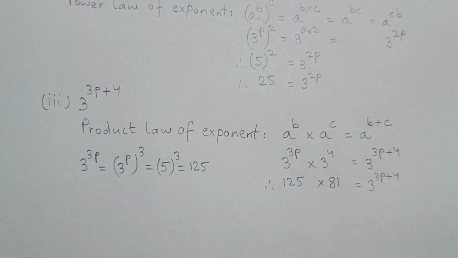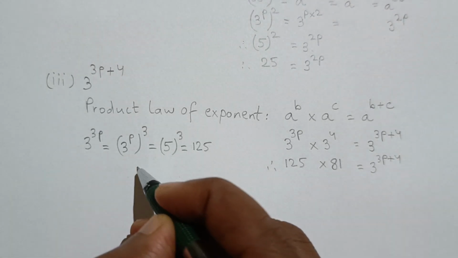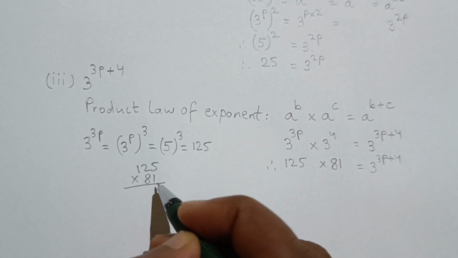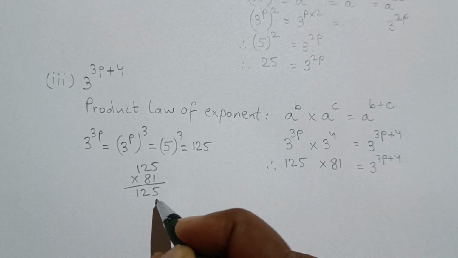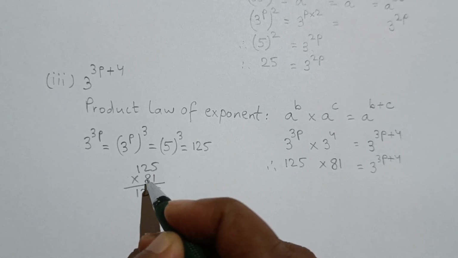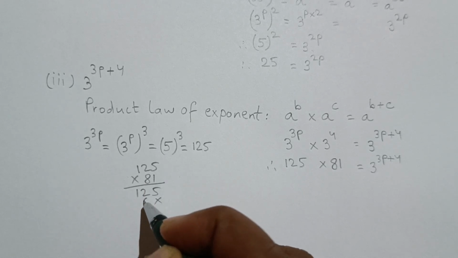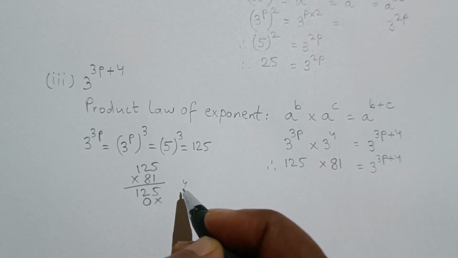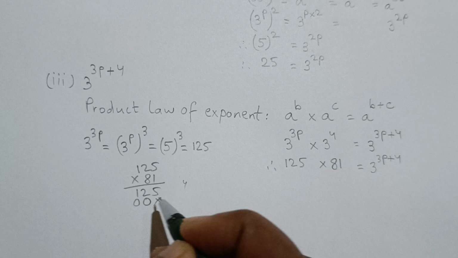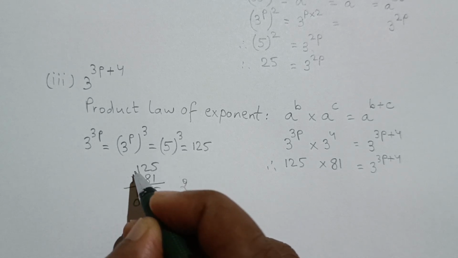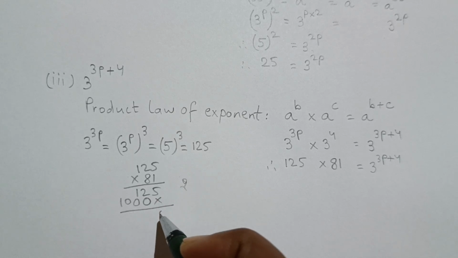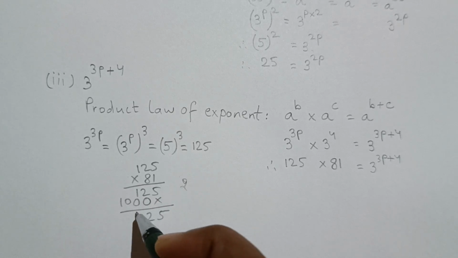And what is 125 multiplied to 81? So I will do it over here. 125 into 81. So 125 into 1 is 125. Now 8 into 5 is 40. Carry forward 4. 8 into 2 is 16. 16 plus 4 is 20. Carry forward 2. 8 into 1 is 8. 8 plus 2 is 10. So 5, 2, 1, 0, 1.